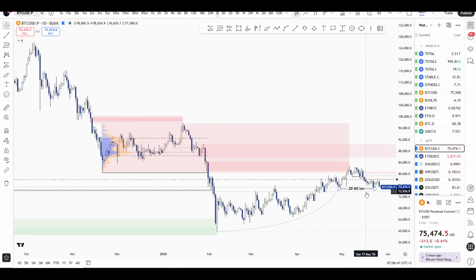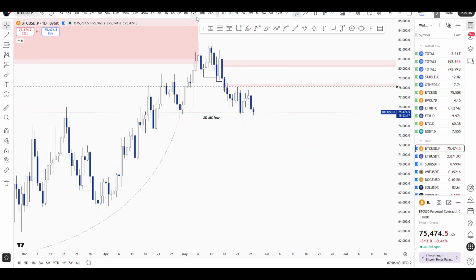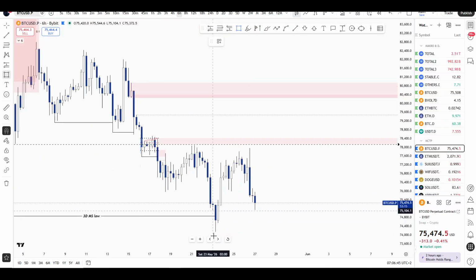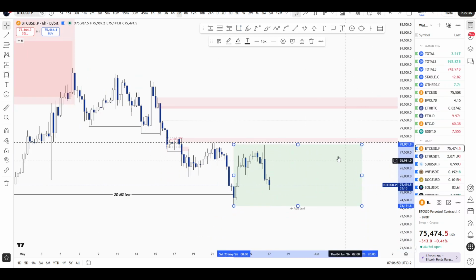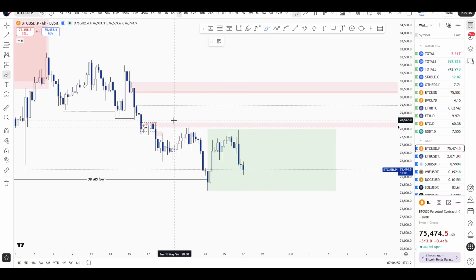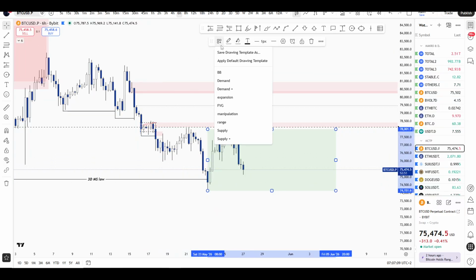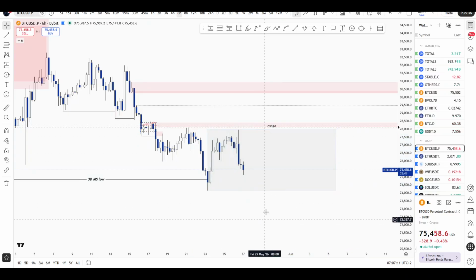So I was looking at something, as I said on the other video, something in here. In the last video I said that this could be the distribution of the range high for the accumulation, but this could be the PS, so the market structure continuation, before the ranging environment.